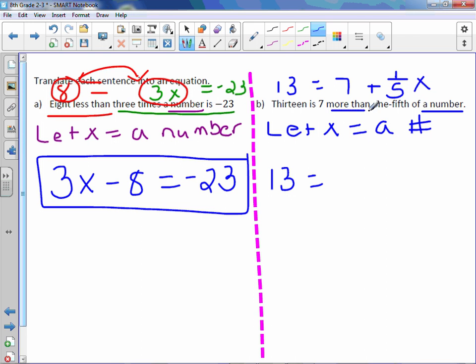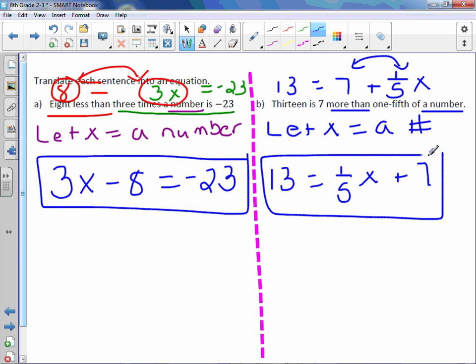But just like the words less than, more than also means to flip-flop. So 13 equals, just take these two terms and switch them. 1/5 x plus 7. If I were to say I'm 15 years more than you, you would take your age and add 15.